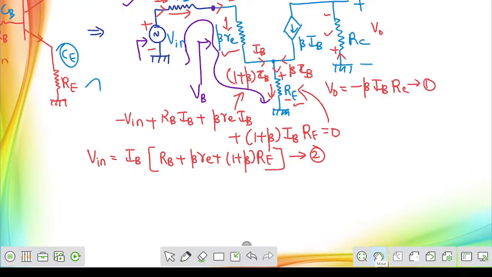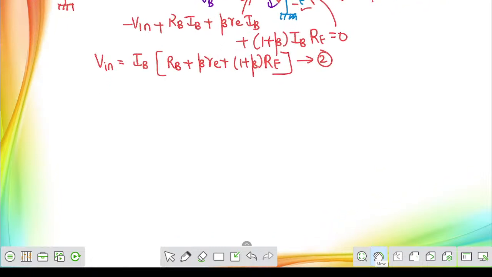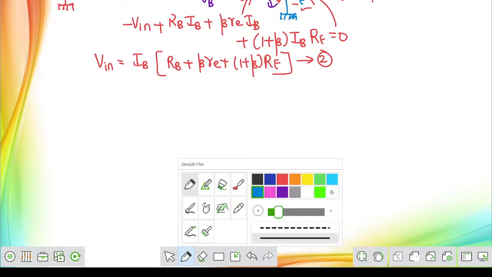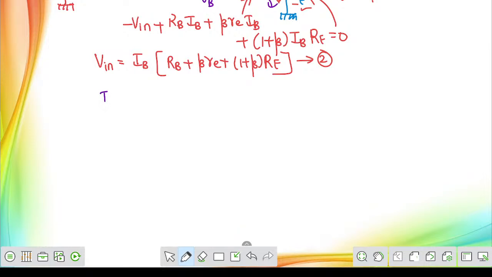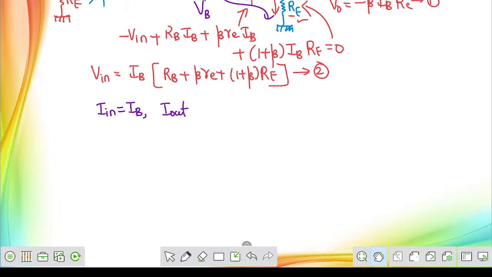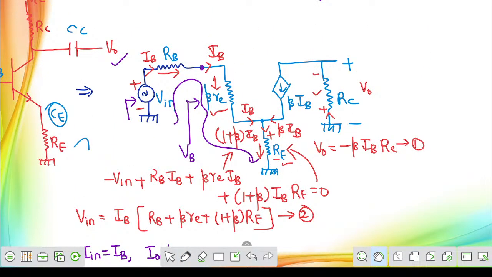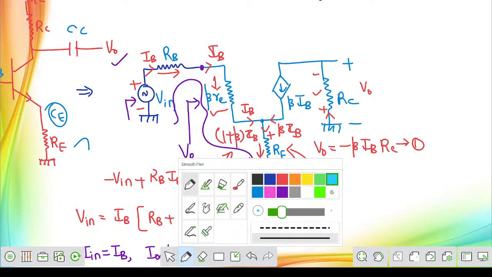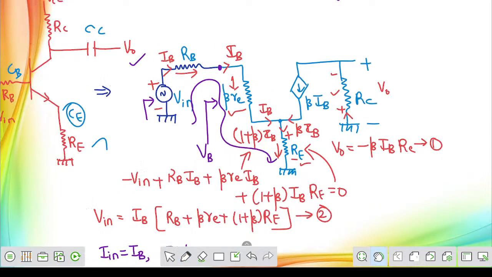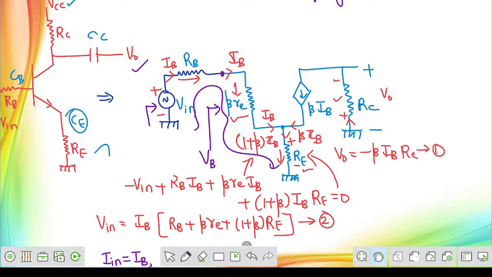Now the next task is to write down the expression for input current and output current. That is similar. How will you write it down? I can say input current equals base current. There will be no doubts. But the output current direction: usually output current is the one which we are receiving from the circuit. Output current is the one which is coming out of the circuit. We are trying to receive the output current from the circuit.